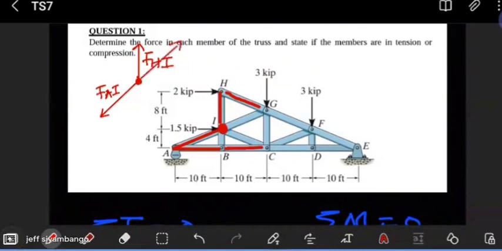So this is FIG. And lastly, we have IC. IC comes like this. FIC. So just as we did for the others, we can actually work out these. We will only have two unknowns, two equations as well. So it will be easy for us to sum.